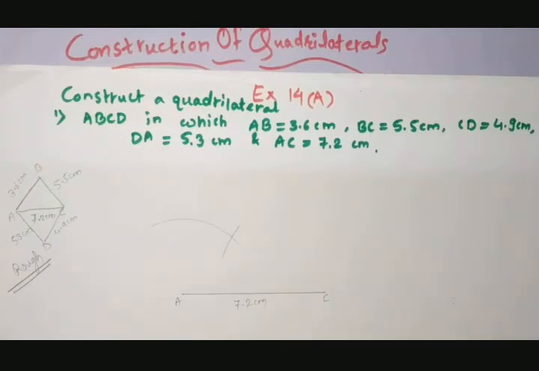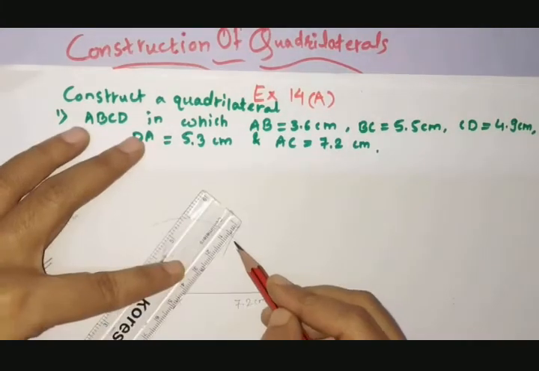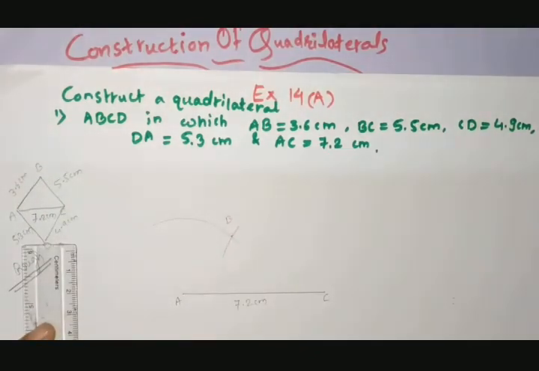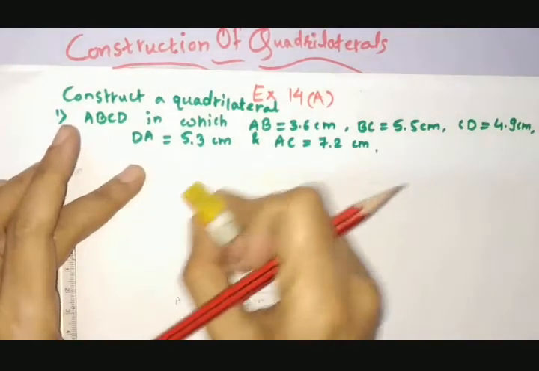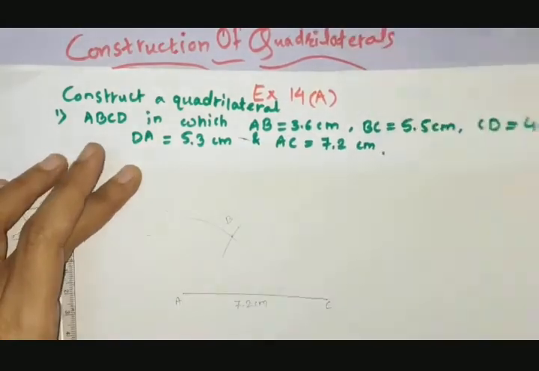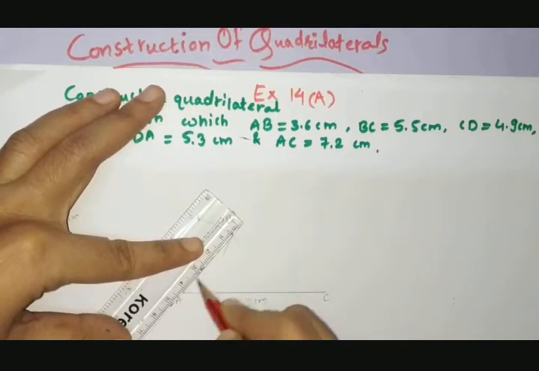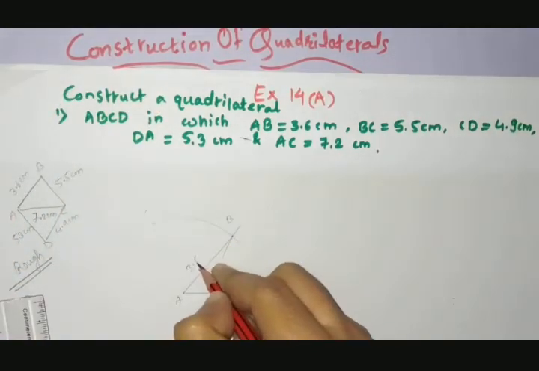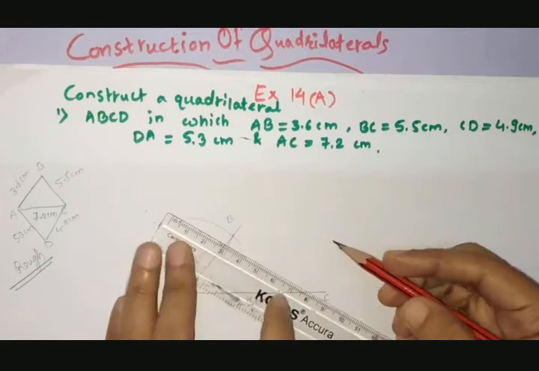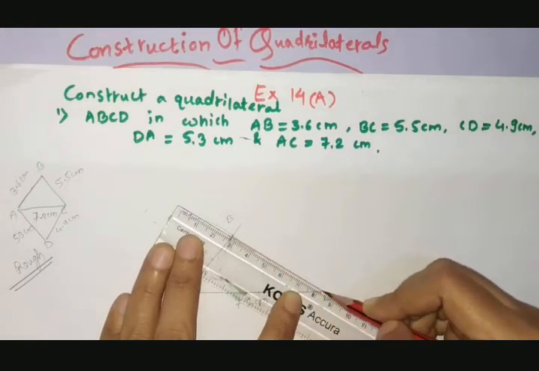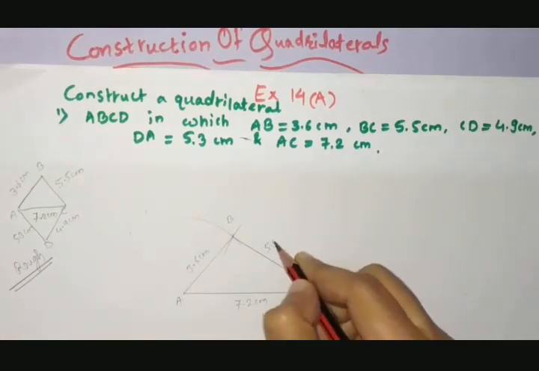Whatever point you got here, you can say this is B. If there is an extra arc, you can erase it. Now simply join BA and write down here 3.6 centimeter. In the same way join B to C, and you will see it is 5.5 centimeter.